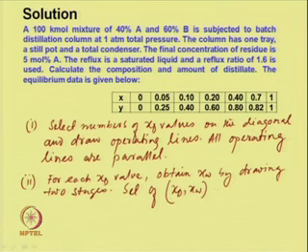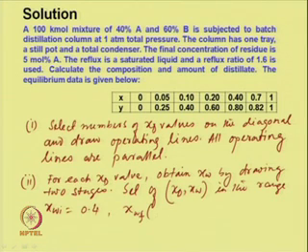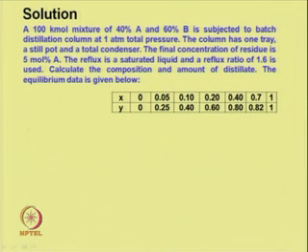This will be in the range of x w I, which is initial, that is 40%, 0.4, and the final x w f, which would be 0.05. So, this is the final and this is the initial mole fraction in the liquid phase. Within this we would get a set of x d and x w.